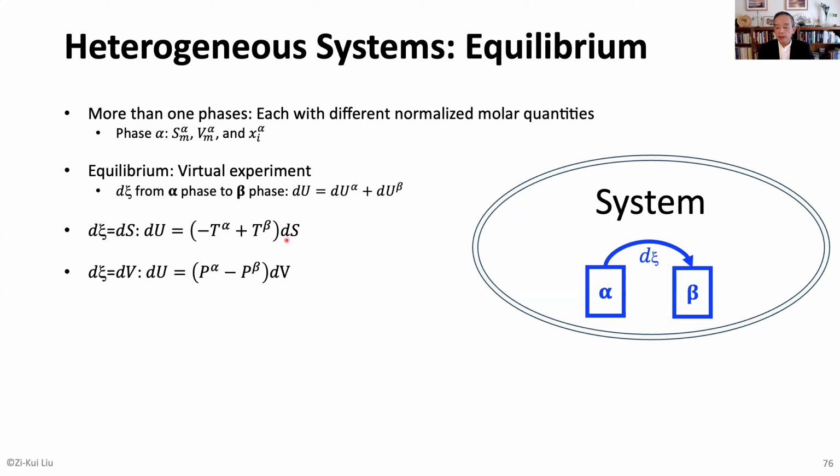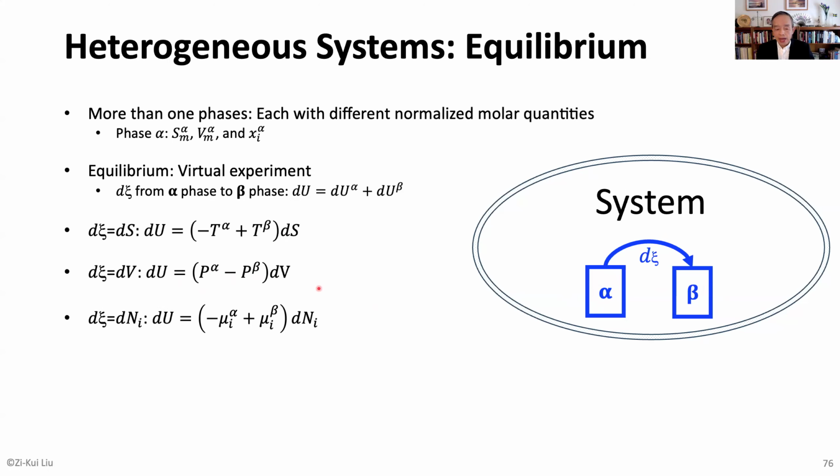Then we'll do another virtual experiment, move volume. Move some volume from alpha to beta. We know that dU equals minus p times dV. So we move the negative dV from alpha, and the negative becomes positive. You have p alpha positive, minus p beta.